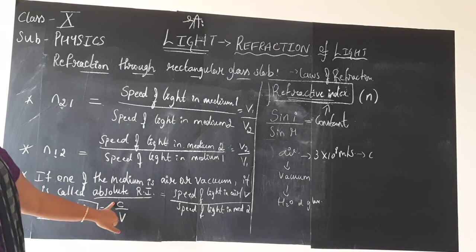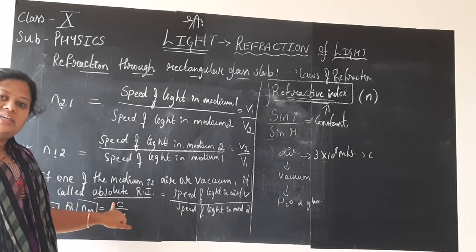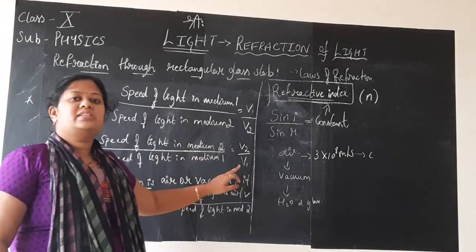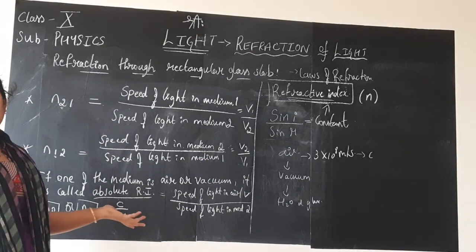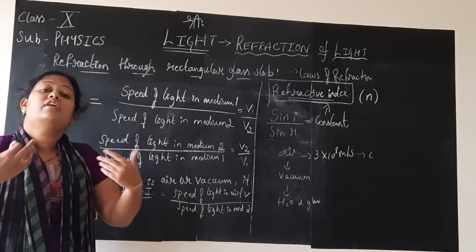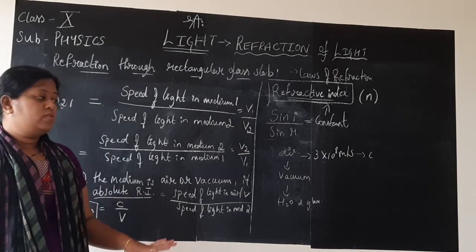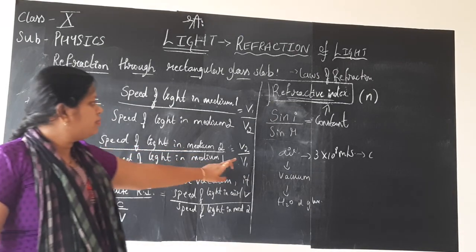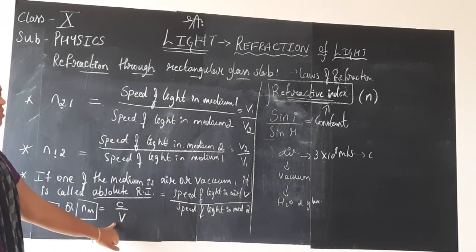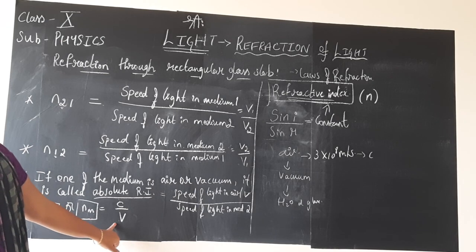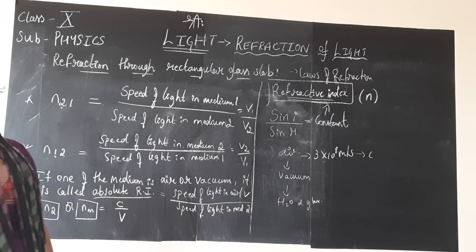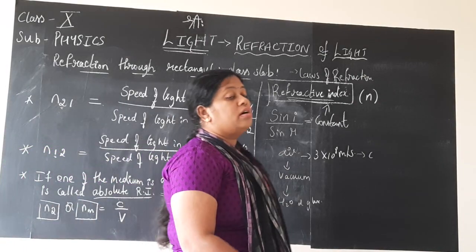With respect to v, that is nothing but the second medium, which can be anything: air, vacuum, water, glass, or anything else. So that is represented by v. Here we use the notation the same way as v. 1, 2 we will not represent. Why? Because we know already one of the mediums is air or vacuum.